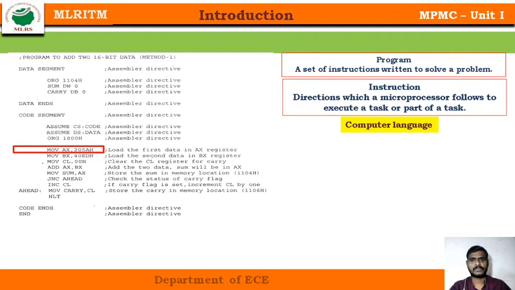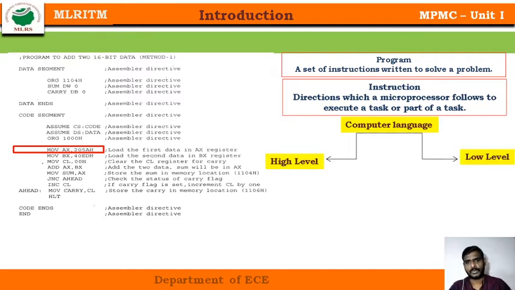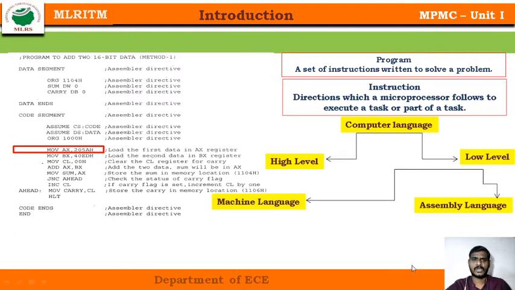What we write for the computer is a language which is available in two types: either high level programming or low level programming. Examples of high level programming are Java and Python.